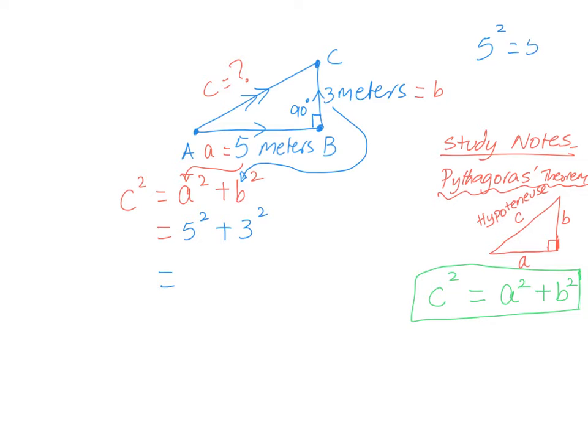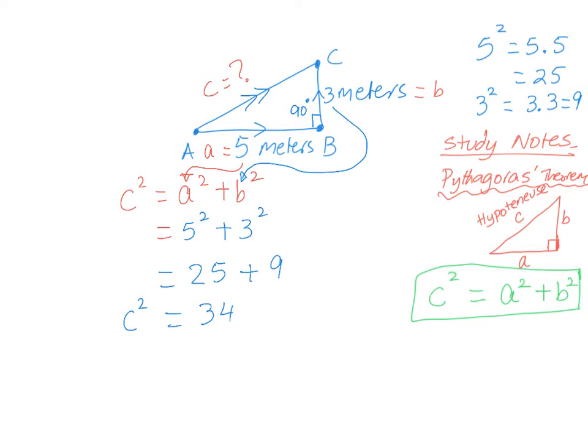So 5 squared is 5 times 5, which solves as 25. And similarly 3 squared is 3 times 3, which solves to 9. Let's plug in these values, 25 plus 9.